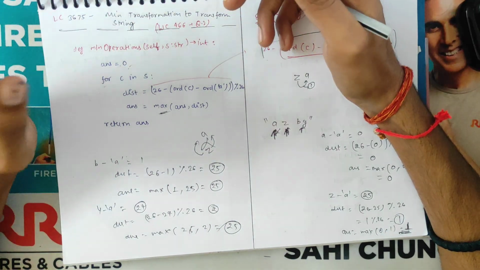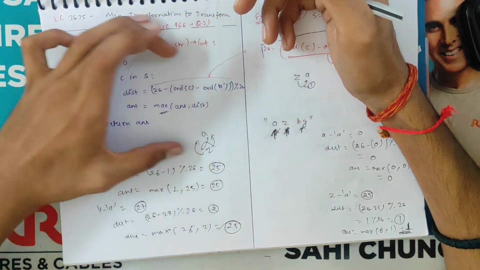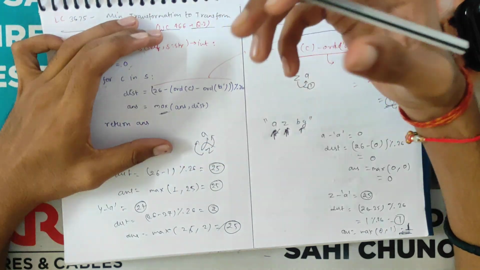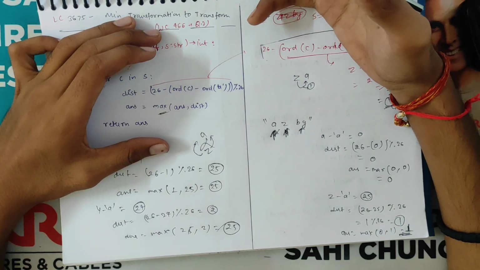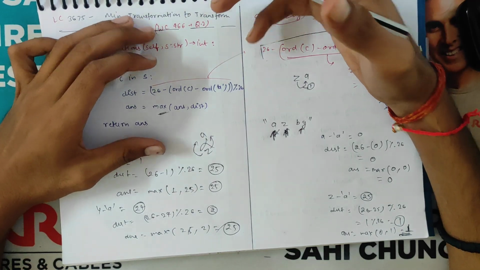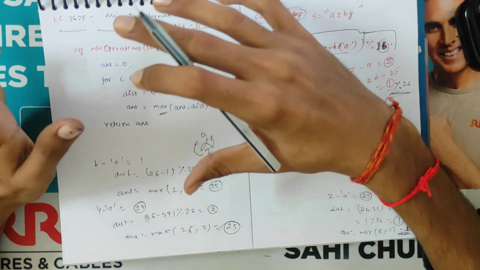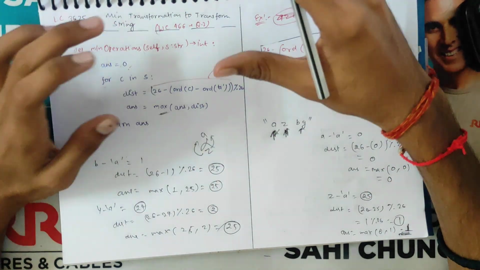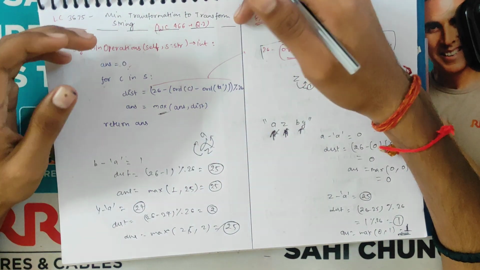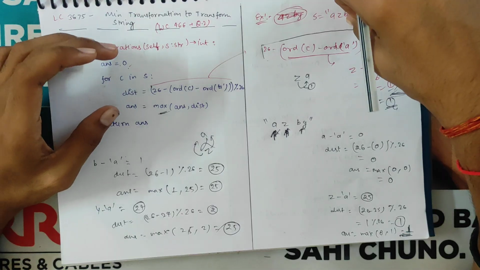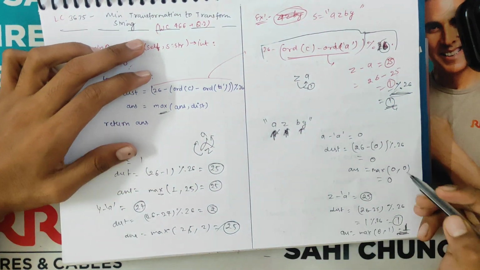But after iterating over the whole string, we return the maximum, because we store in the answer variable the value that requires the maximum steps to reach a.